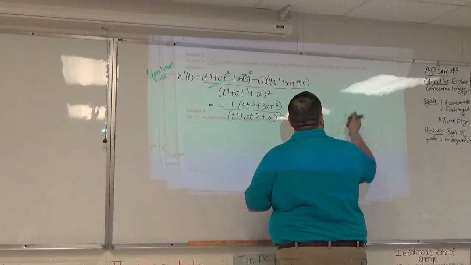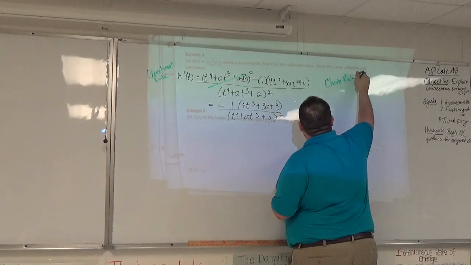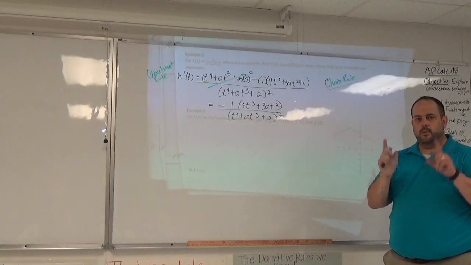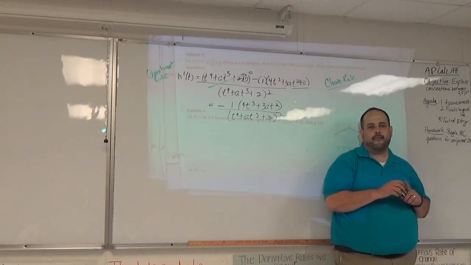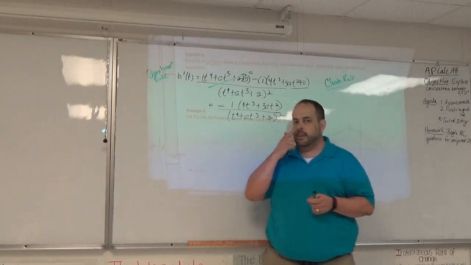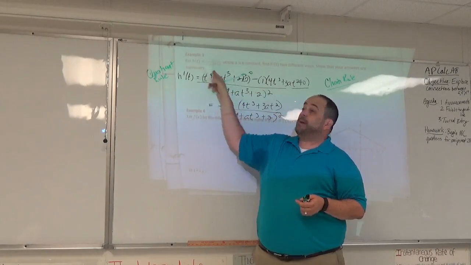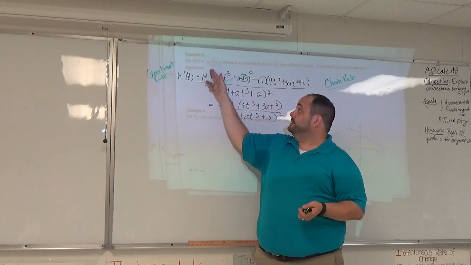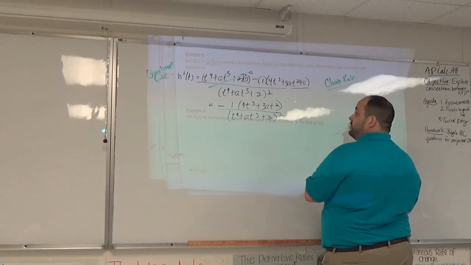Chain rule. Steven, tell me how you see this as a chain rule. G of x equals t to the power of 4 plus a t to the power of 3. The baby is all the stuff in the denominator, which means that the mama is 1 over stuff.